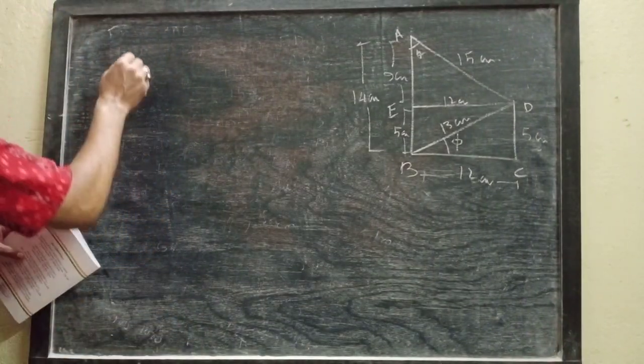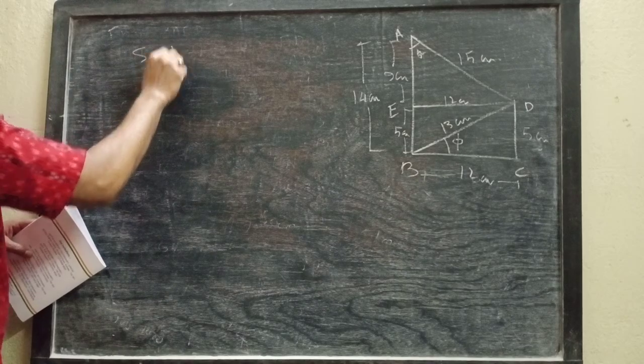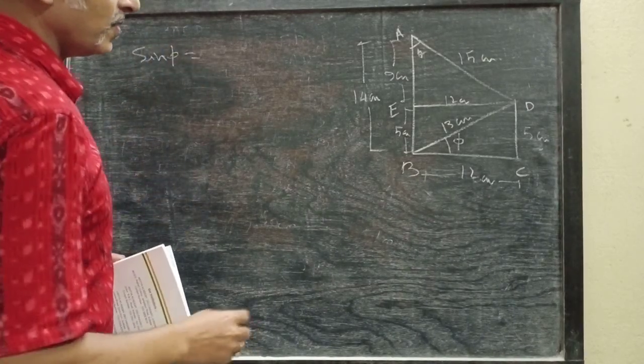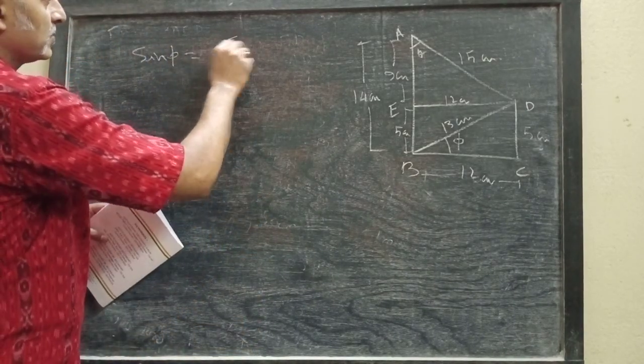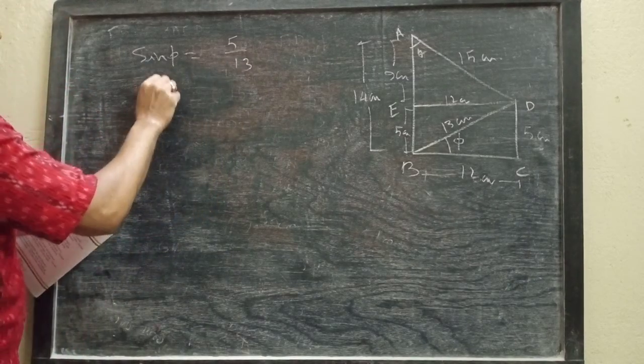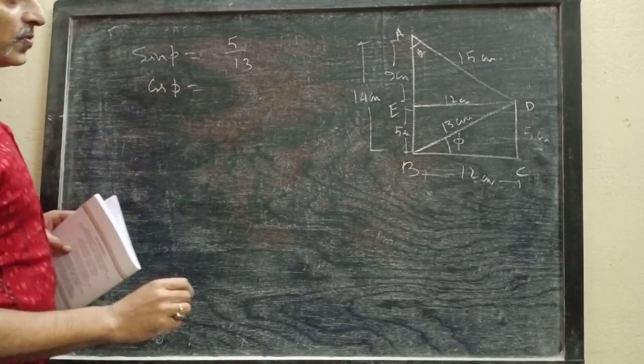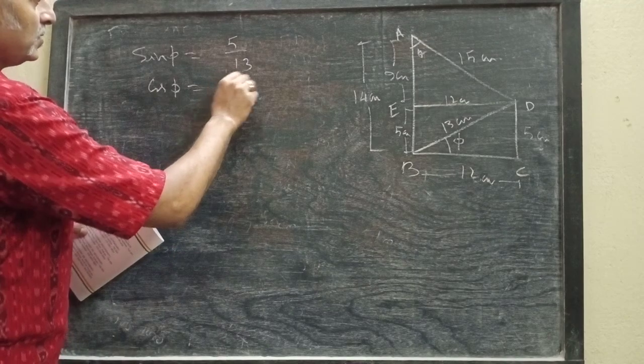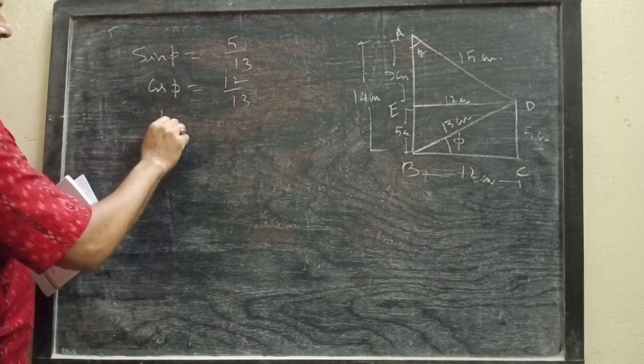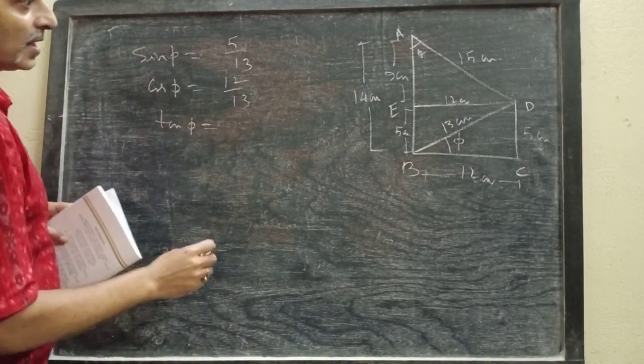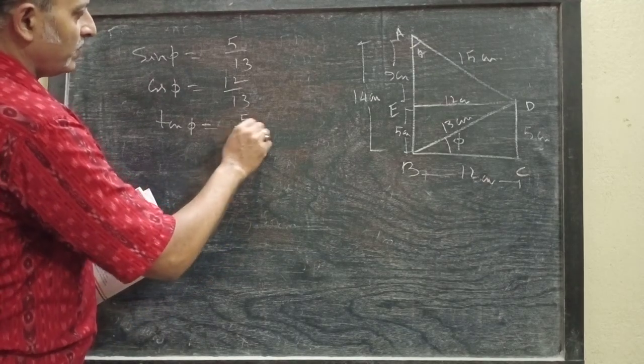Sin phi will be 5 by 13. Cos phi will be 12 by 13. Tan phi will be 5 by 12.